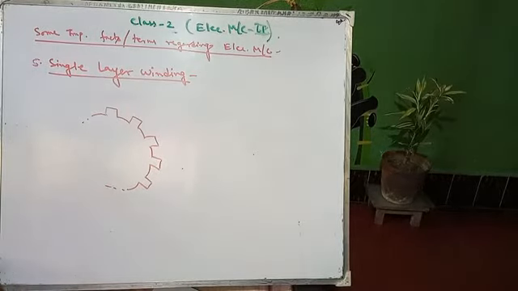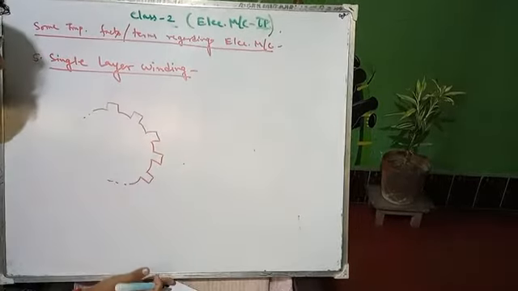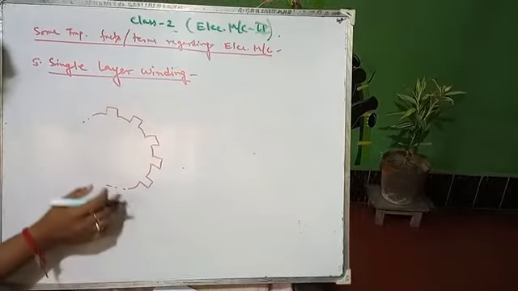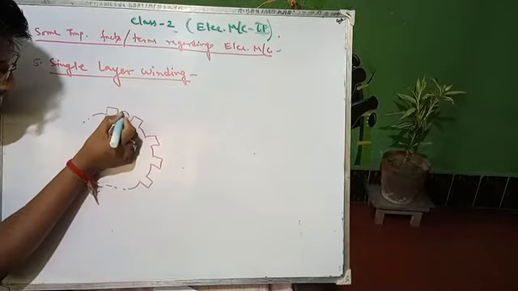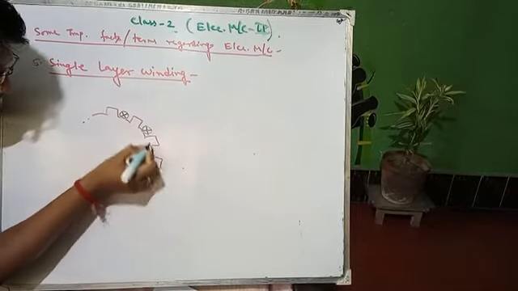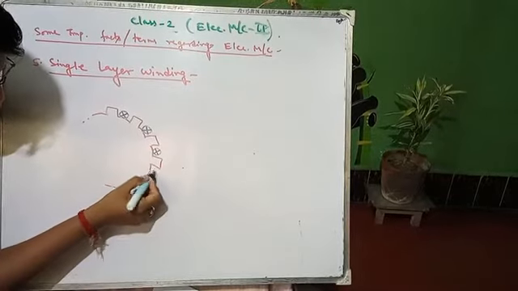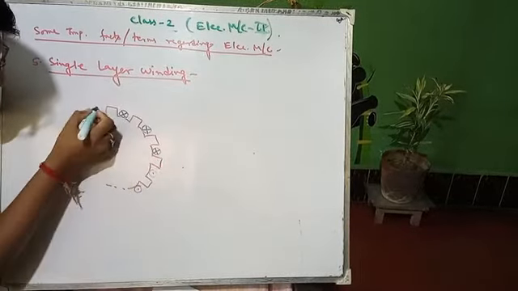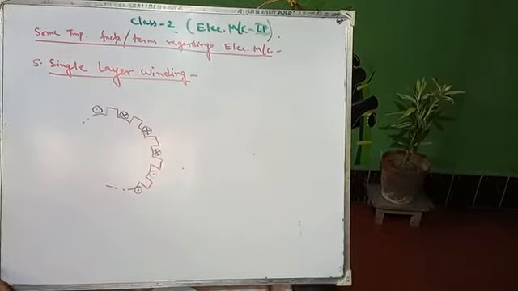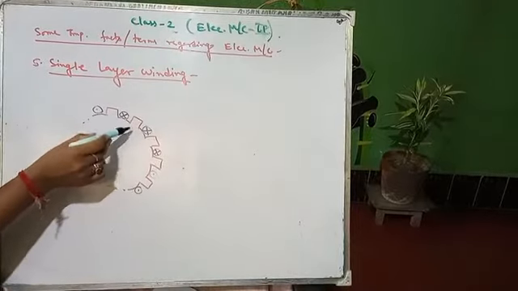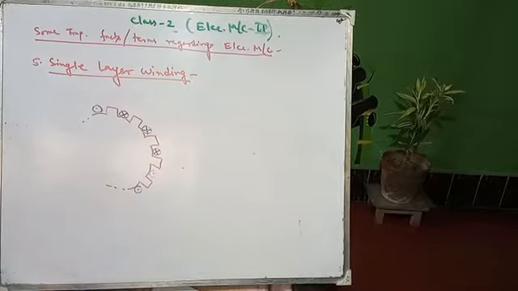If we consider this an armature, there is a slot and teeth type structure, and here there will be a conductor, like this way. So these are single layer winding. Why? Because every slot holds one conductor. So each slot has one conductor.